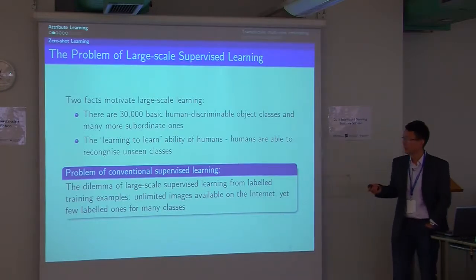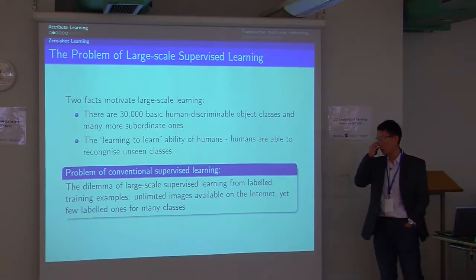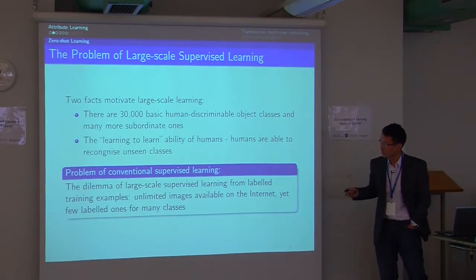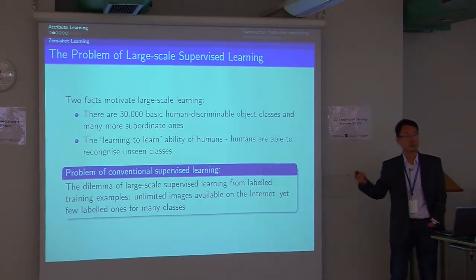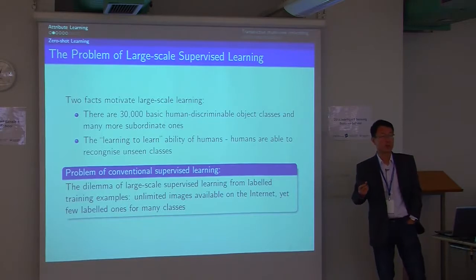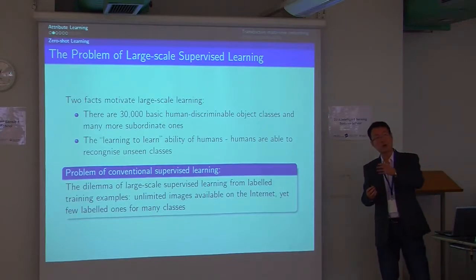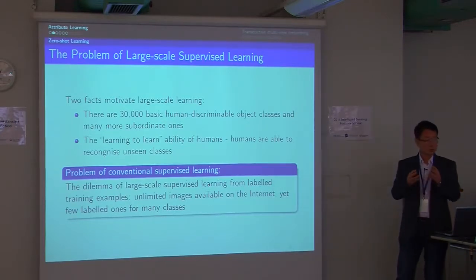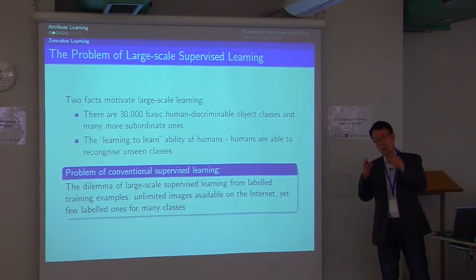But looking at the conventional computer vision techniques for recognition, we see some limitations. The conventional techniques are based on supervised learning, which means if you want to recognize 100 categories, you have to collect hundreds of images, at least, for each category. Then you give them to a computer vision module to extract the features, then feed the features into a classifier.